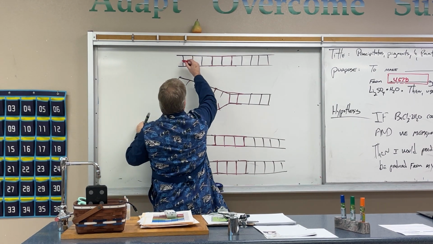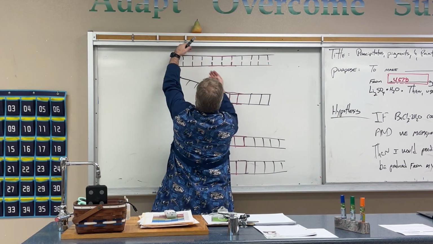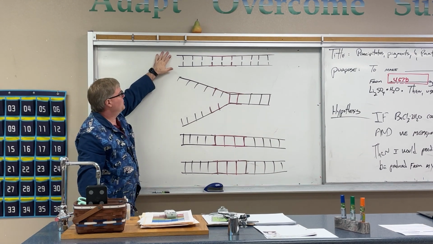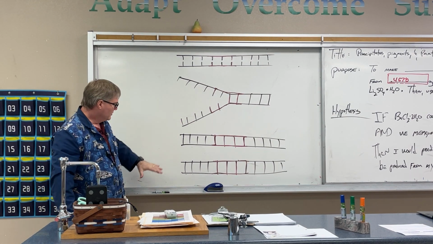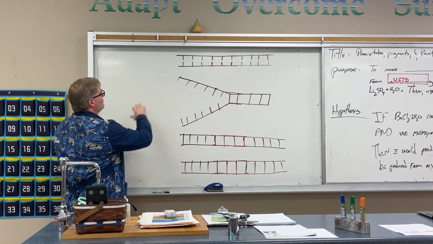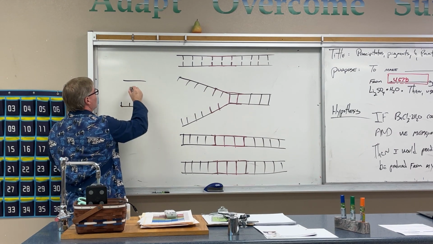So we're going to run a zipper right down through here. I'll pull these two pieces apart, and then we're going to use each piece as a template to copy the DNA. So here the pieces are pulled apart.